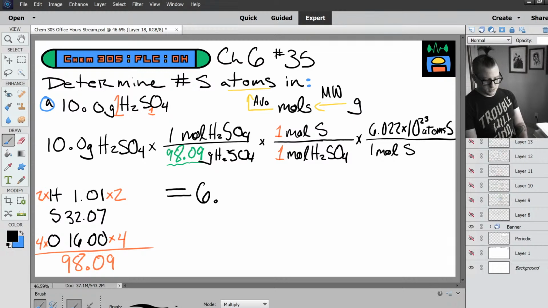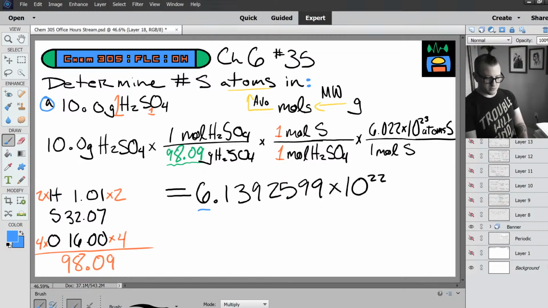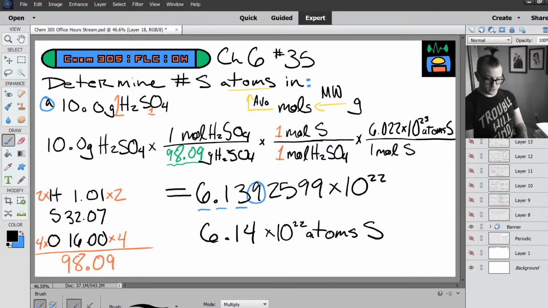So 6.139259 times 10 to the 22. We can keep 3 of our sig figs, so that 9 will round up to a 4. So we'll have 6.14 times 10 to the 22nd atoms of sulfur.